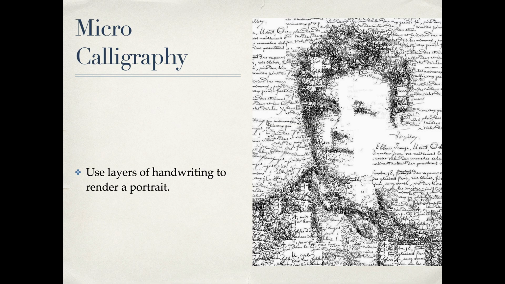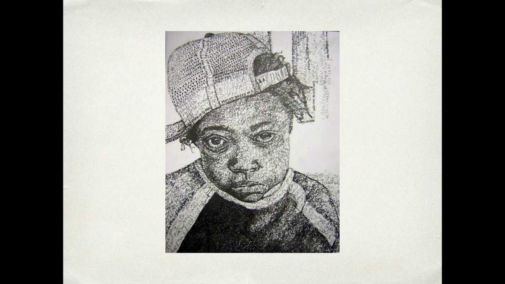Let's talk about the next method, microcalligraphy, which is similar to stippling, but you're using writing for your mark making. So we're going to go here. You have various sizes and layers of writing to create different values. Right here we see this young man with his baseball hat on.